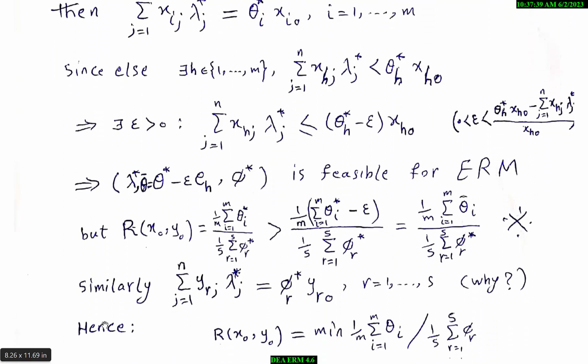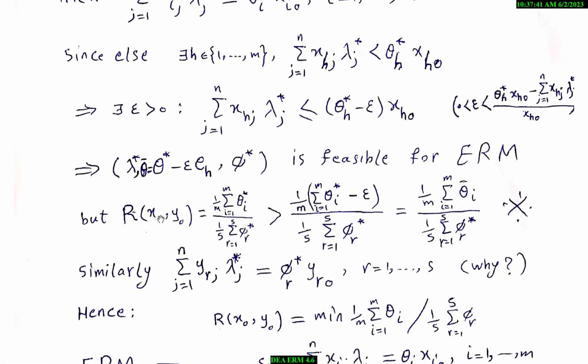However, note that the optimal objective function was this value, and obviously this is bigger than this. That is the objective function corresponding to this feasible solution. And this is a contradiction because the model was minimization, and the minimum feasible value cannot be bigger than a feasible objective value.